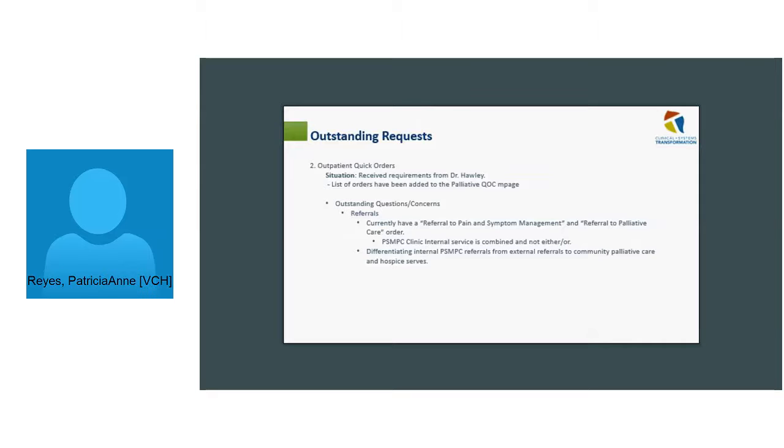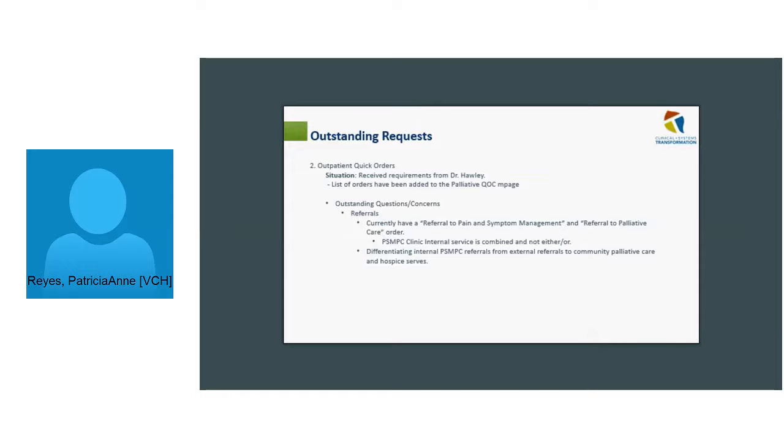It's Pat. I can comment. So the order for the referral to pain and symptom management would be an internal order to refer the patient into the pain and symptom management palliative clinic in BC Cancer.